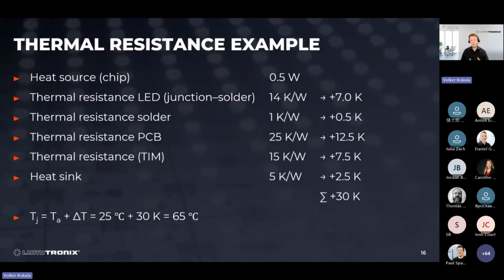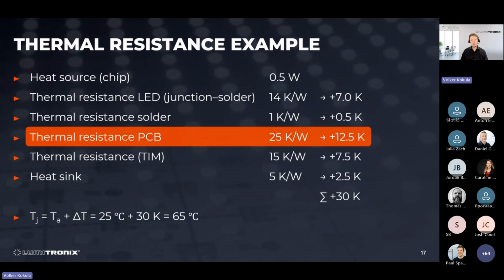If we only look at heat conduction, in this example, the junction temperature would be 65 Celsius, and all of the other calculations like lifetime and optical performance have to be done at 65 Celsius.